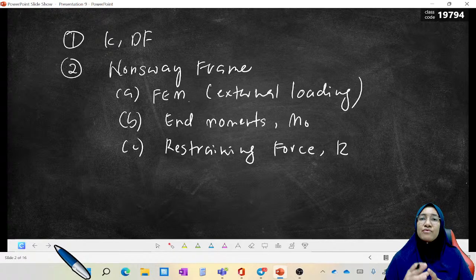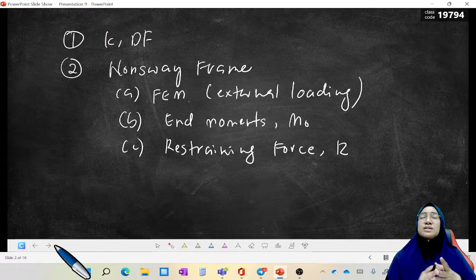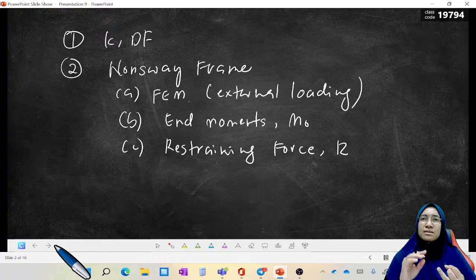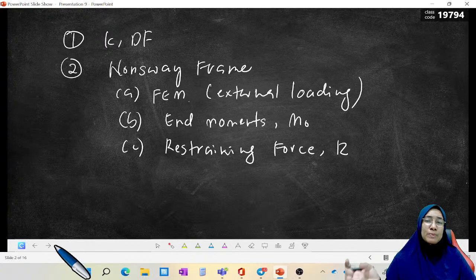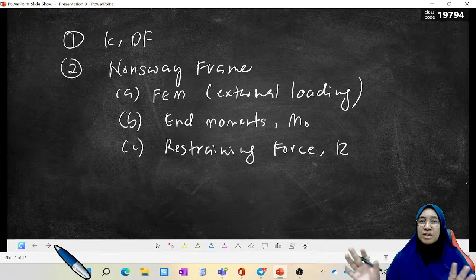So whenever we want to analyze a frame that in actual condition has a combination of external loading and delta, we have to apply the principle of superposition in order to divide between external loading and delta. We have to divide into two.